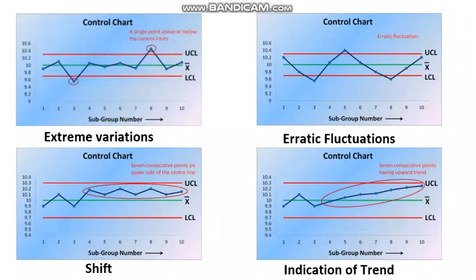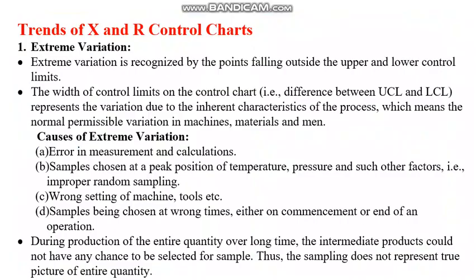So why are these variations coming? As we have seen in the previous lecture, because of the machines, because of the materials, and because of the men. All these 3Ms. Because of this, the variations are coming. But even if the variations are coming, these are permissible variations, and they should fall within the upper control limit and the lower control limit.